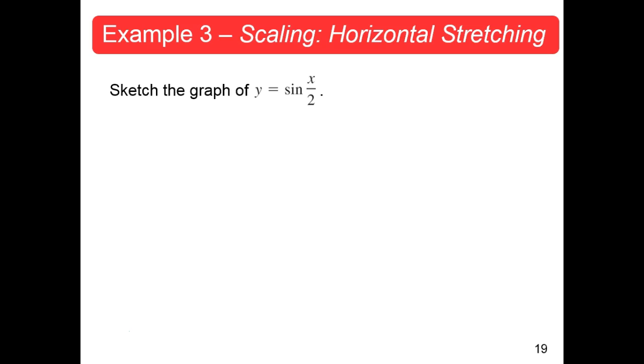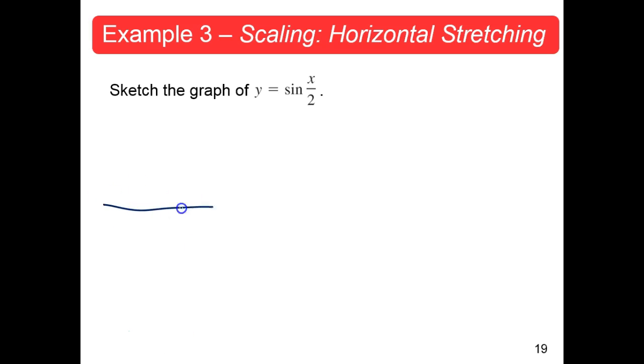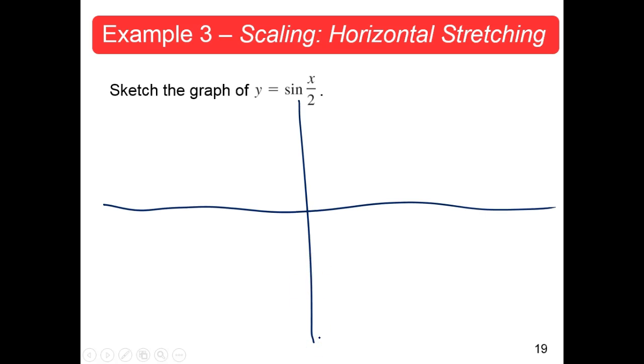Now, my question to you, do you prefer to start with the basic function and then graph on top? If we are going to do that, let me get my pen back. Okay. So let's first do y equals sine x, the basic sine function. What will be my period for this one? 2 pi.